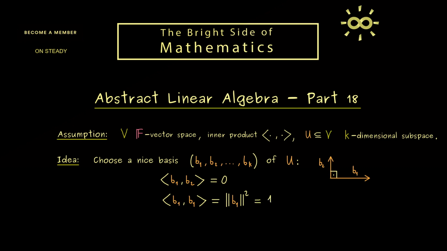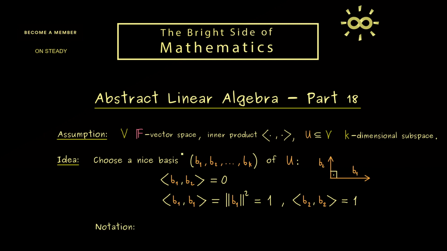And a good number for us would be 1. You see, this is already a good choice because 1 will not change after doing the square root here. And of course, we want the same thing for the second basis vector, b2. And actually, we want to have it for all the basis vectors, and also this first equation we want to have for all possible combinations.